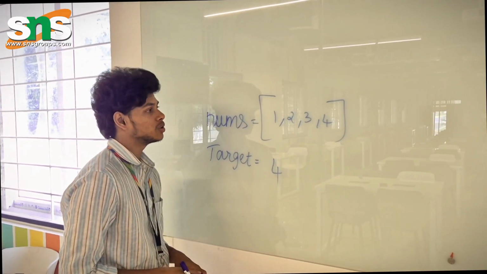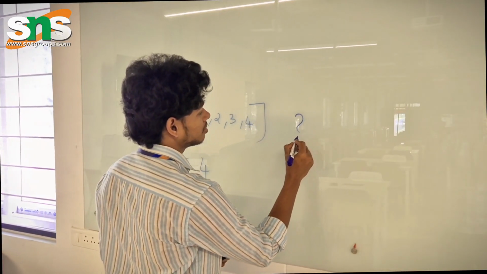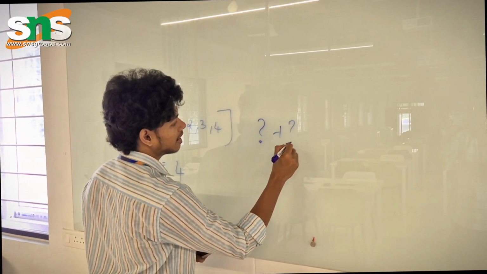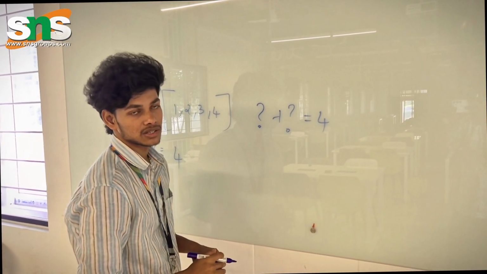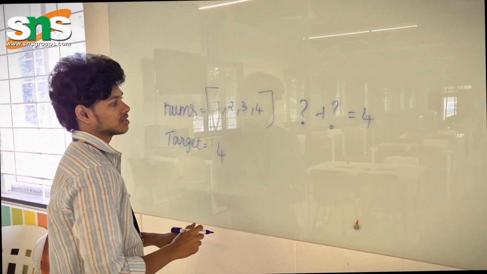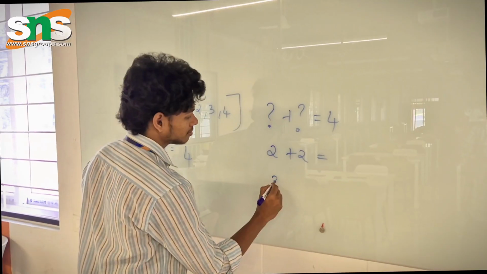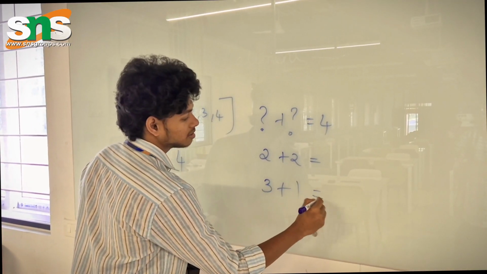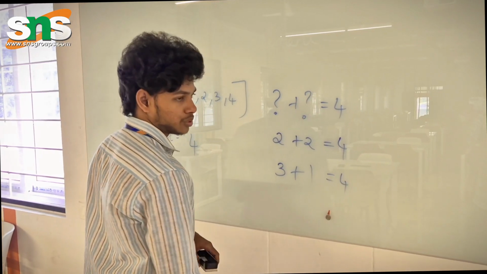We need to find two numbers such that they add up to the target value. If we find this pair, we can return the indexes of the numbers. The possible solutions are 2 plus 2 and 3 plus 1. Both give the output 4.